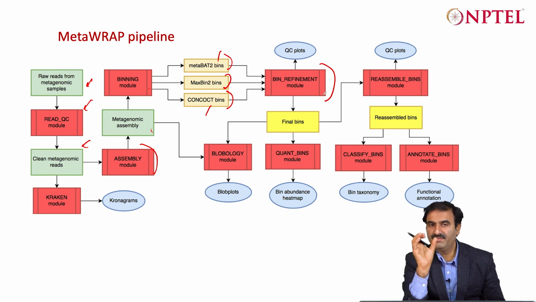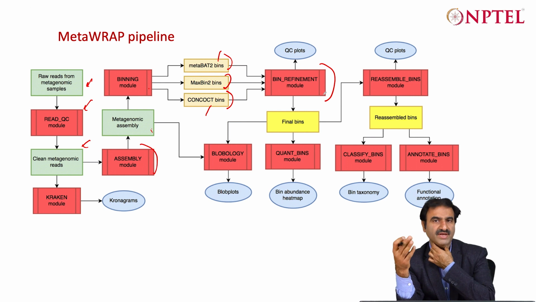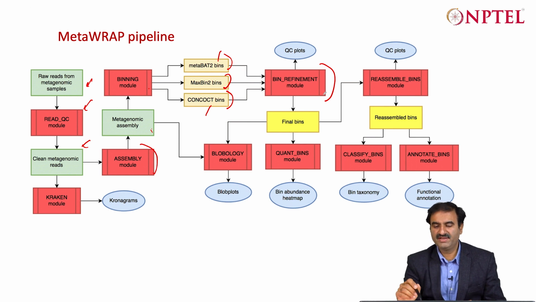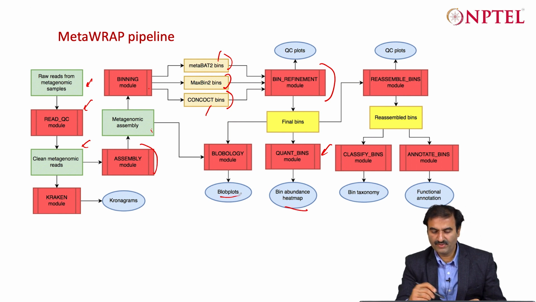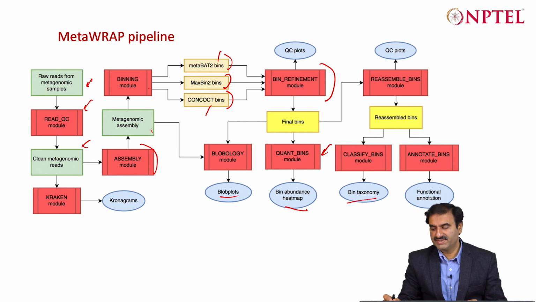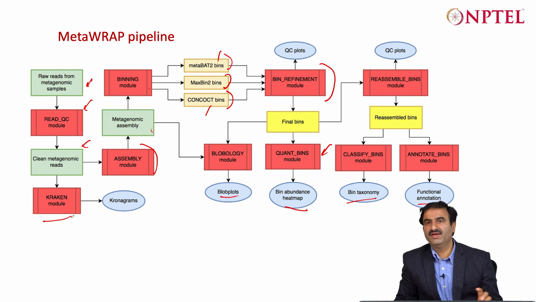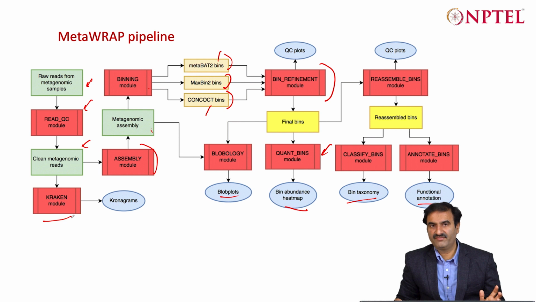That means checking whether the bins, or the clusters of contigs or raw reads that you have made, are correct or not, okay. There are some criteria that can be used to check whether the quality of a MAG is good or not, okay. Then it makes the final bins and does the quantification, like what types of genomes are more abundant, in heat maps or blob plots, along with taxonomic information and functional annotation of those. So it's a very comprehensive tool, and it also runs Kraken, which is a very good and fast classifier for metagenomic reads.